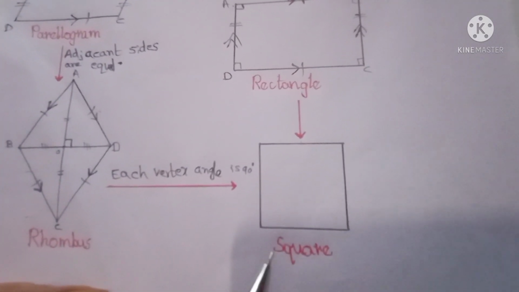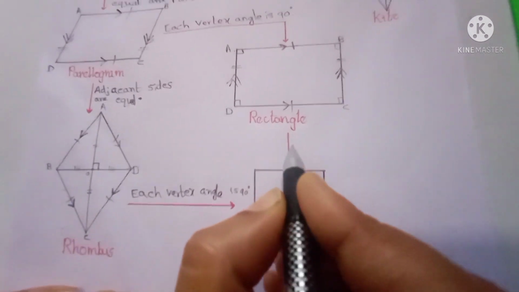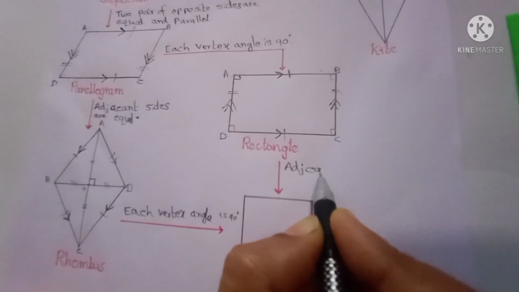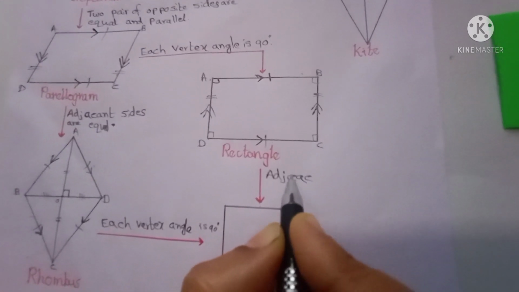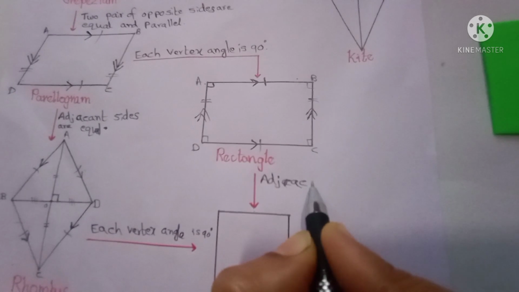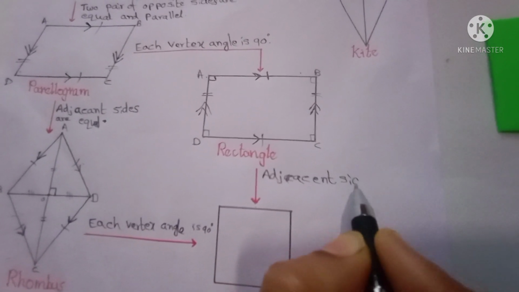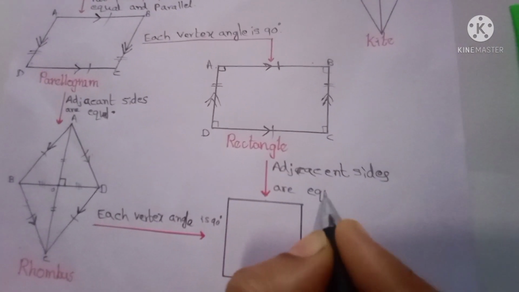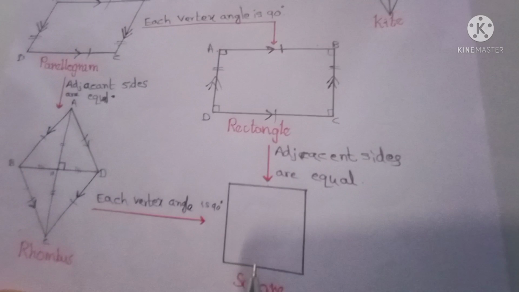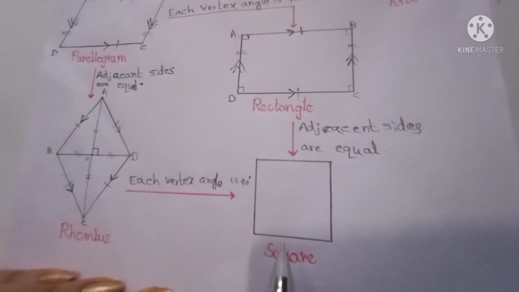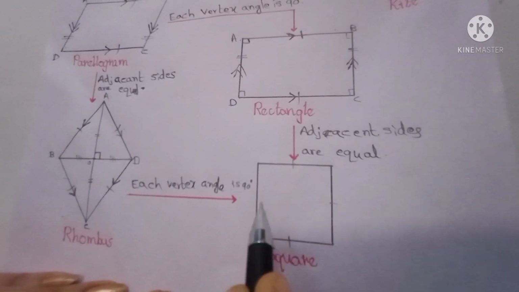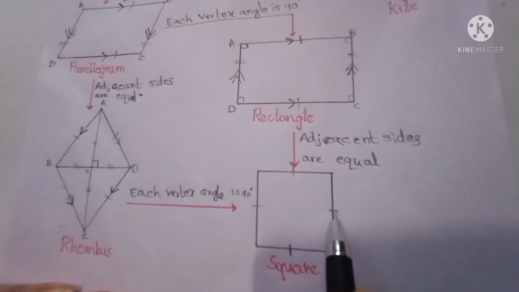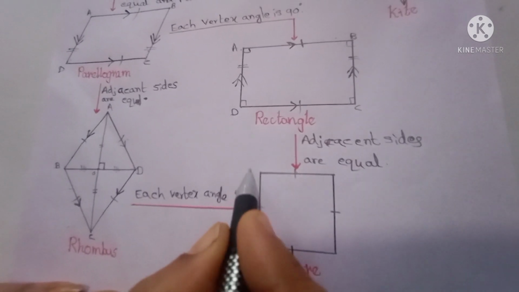Okay. In this square, all sides are equal like this. And just name it.